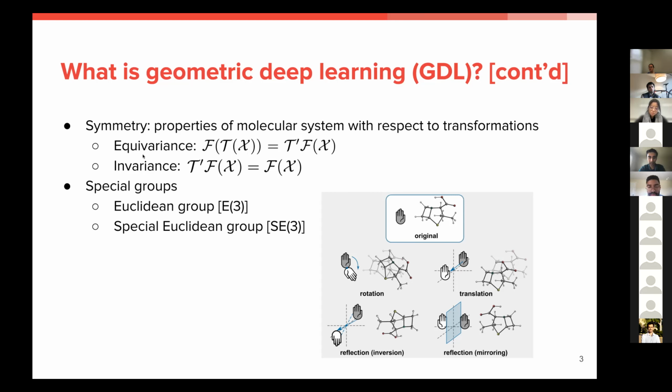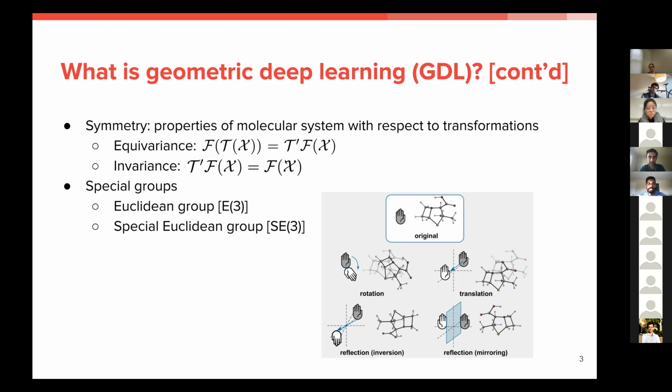We also have invariance. Invariance is a special case of equivariance where the second transformation T prime is the identity transformation. Combining these two equations, for invariance, the output of F of T of X is going to be the same as the output of F of X, regardless of what T is.